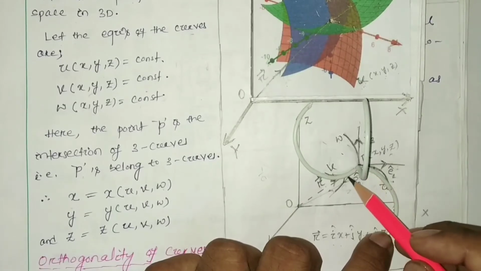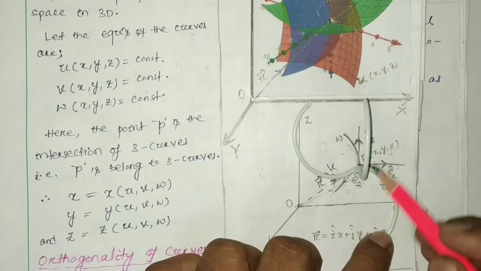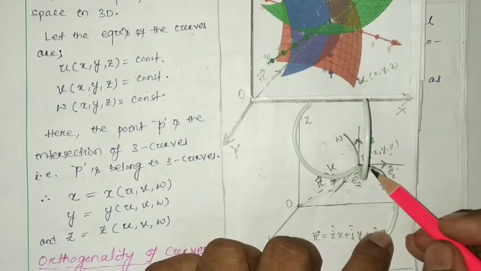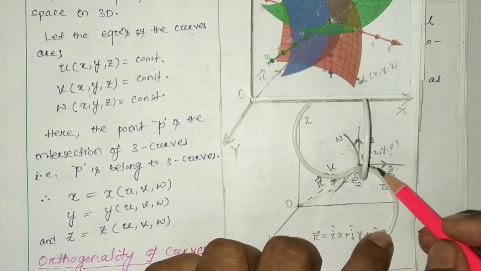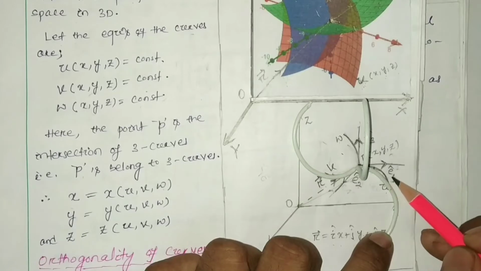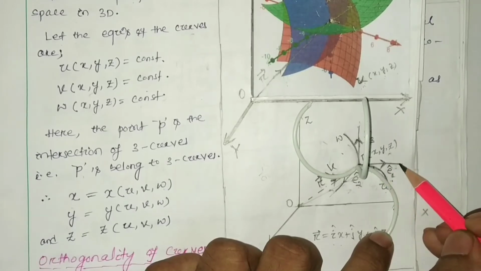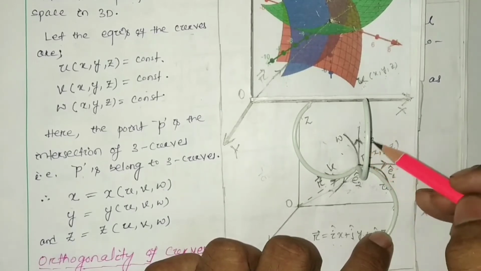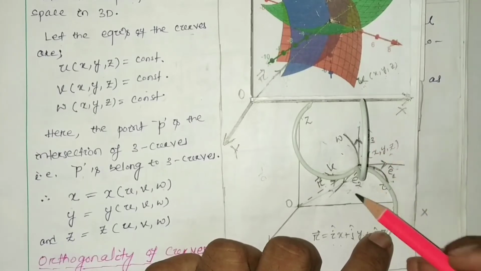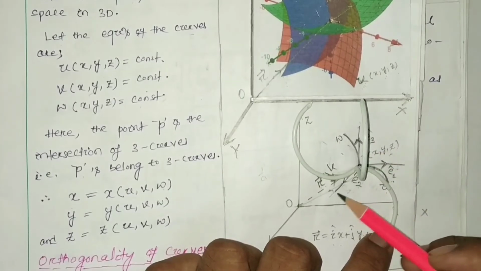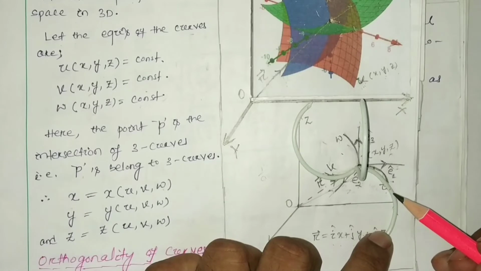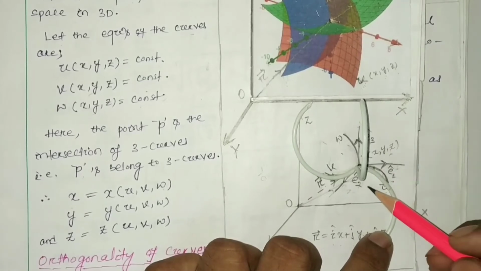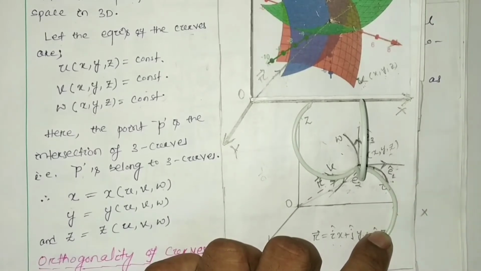As these tangents are perpendicular with each other, obviously the unit vectors along these tangents, E1 cap along this tangent, E3 cap along this tangent, E2 cap along this tangent, are also perpendicular with each other. Hence it is called the orthogonal curvilinear coordinate system.